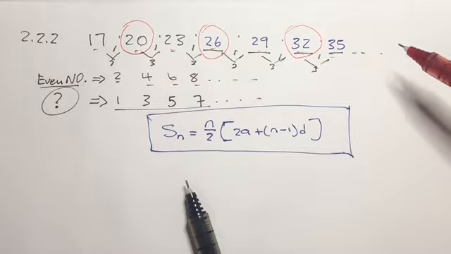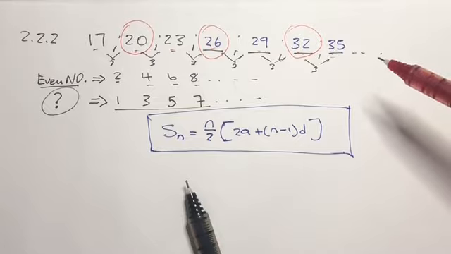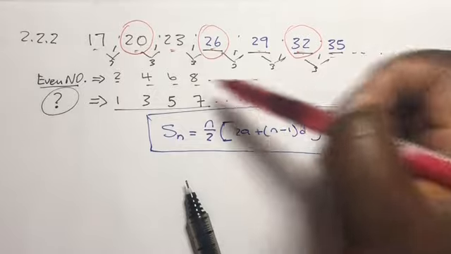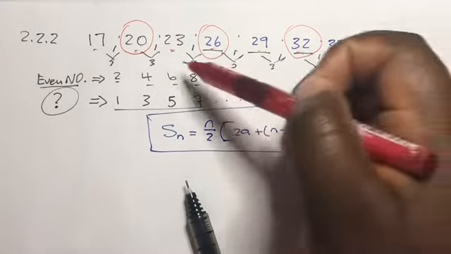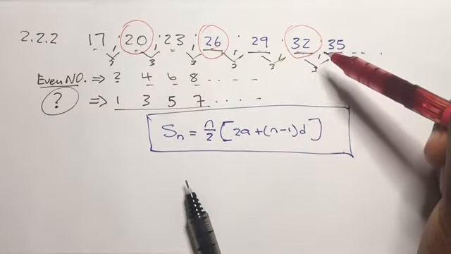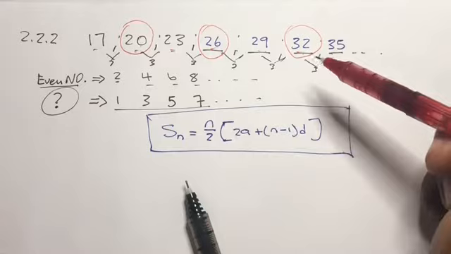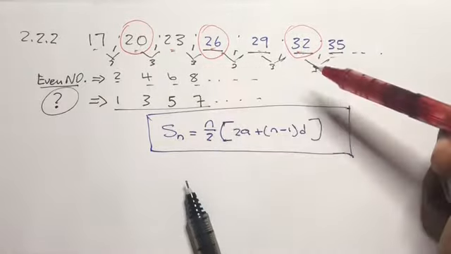So obviously, because we're expected to calculate the sum of the first 30 even numbers of the sequence, that means we will need to know the difference of these even numbers.